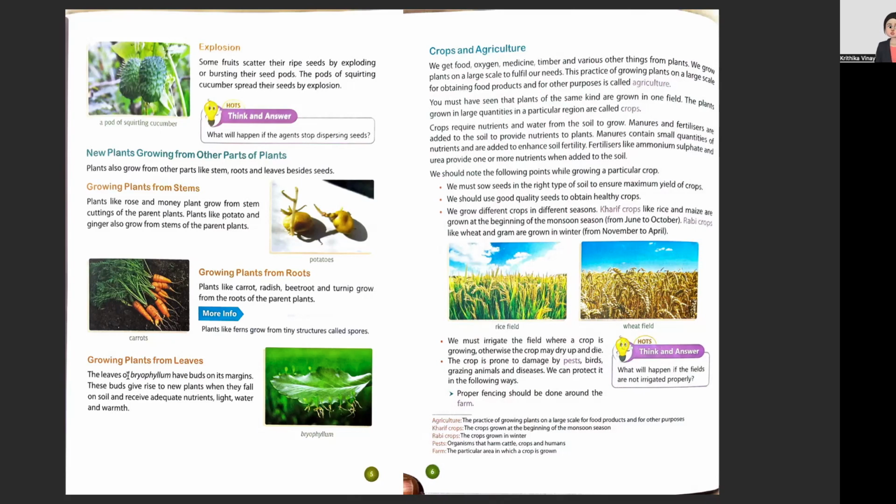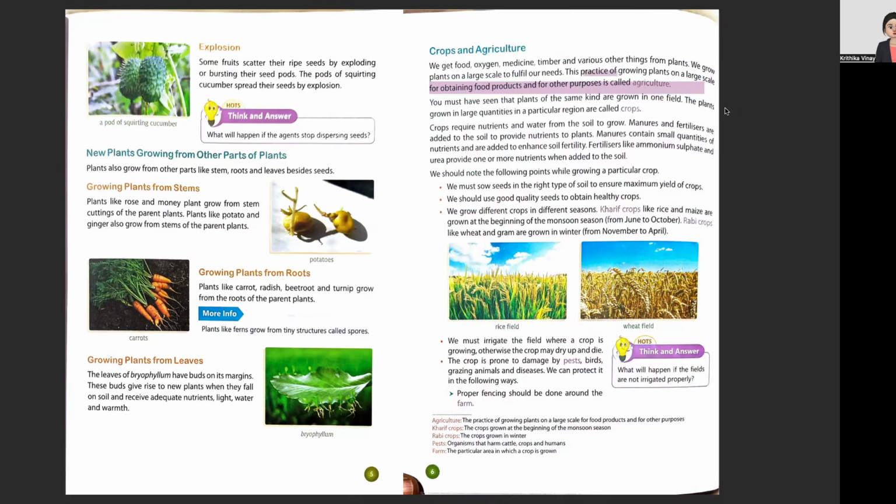Crops and agriculture. We get food, oxygen, medicine, timber and various other things from plants. We grow plants on a large scale to fulfill our needs. This practice of growing plants on a large scale for obtaining food products and for other purposes is known as agriculture.